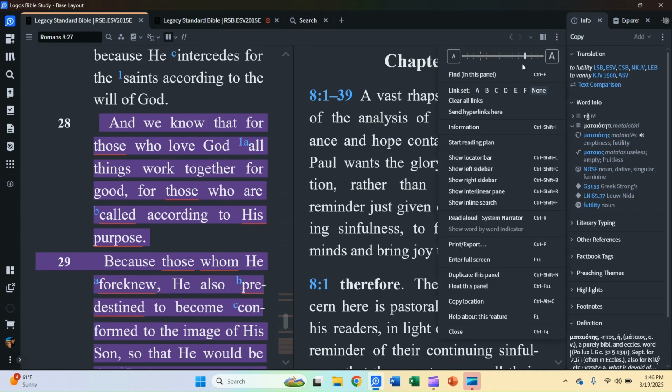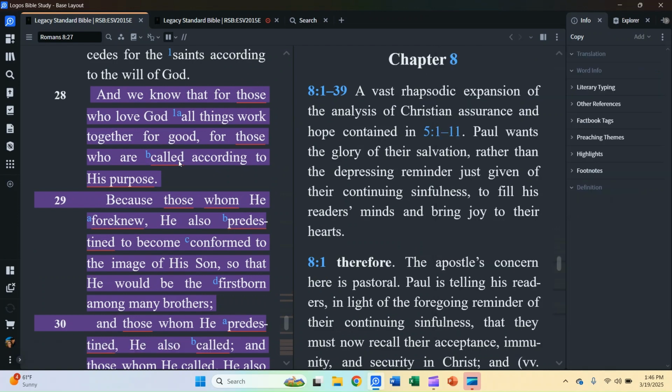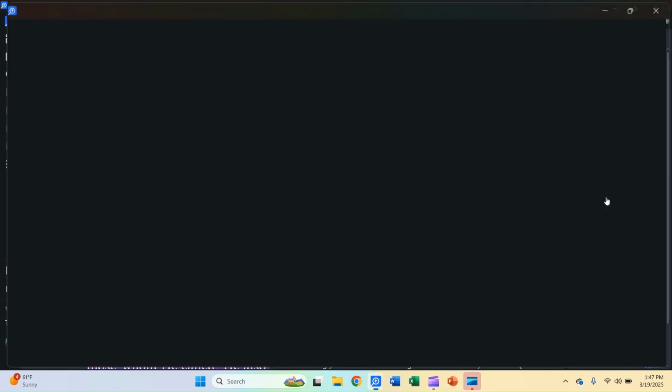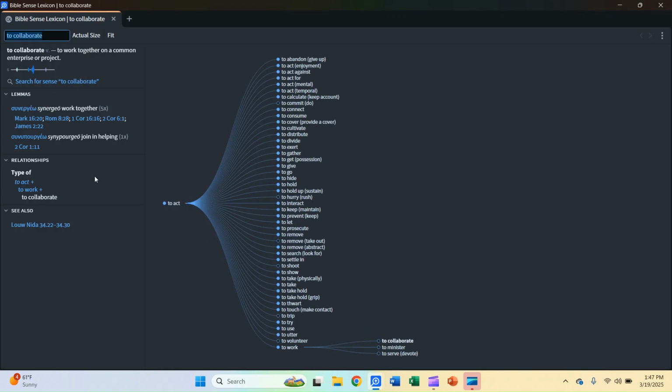So this is Logos, or Logos, however you want to pronounce it. It's a Bible study software, and it's amazing because it has this Greek sense lexicon. What this means is it's going to give me all the different senses and definitions within Scripture of what this word means.